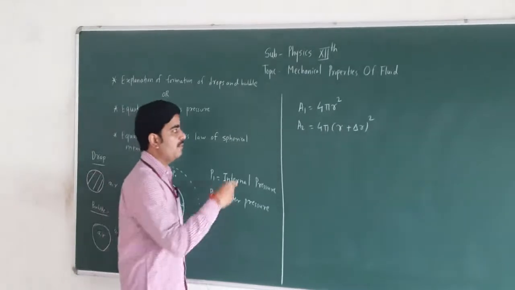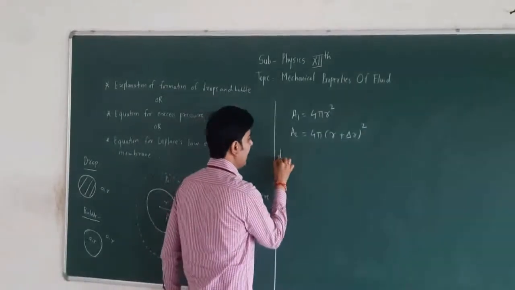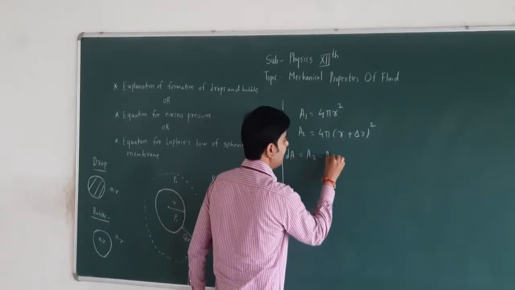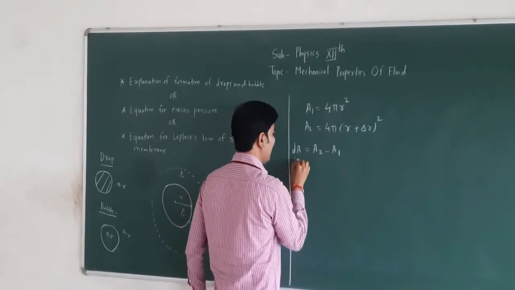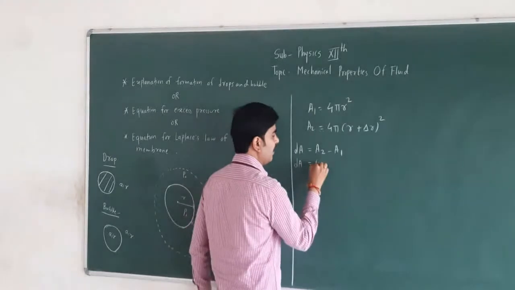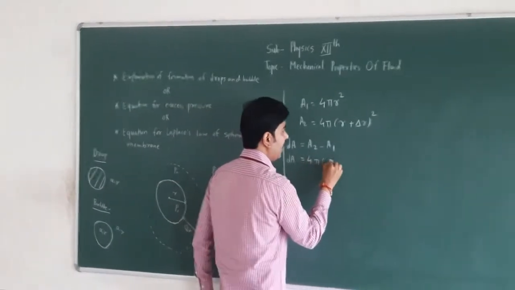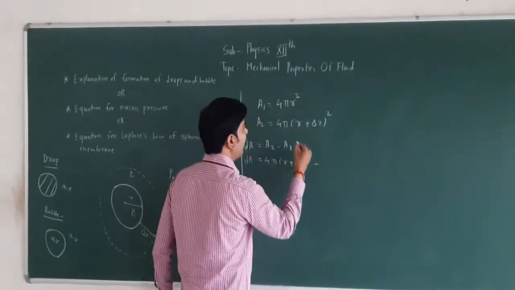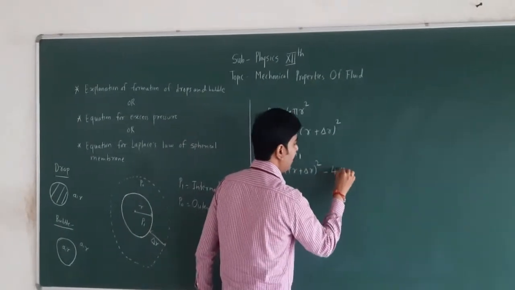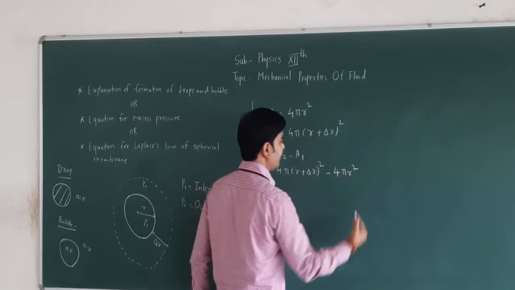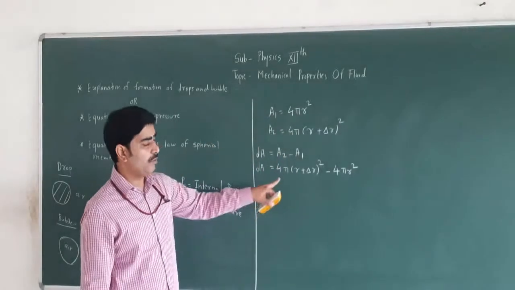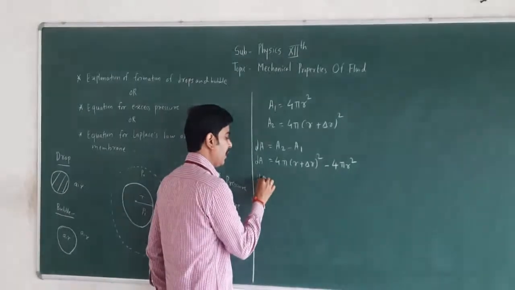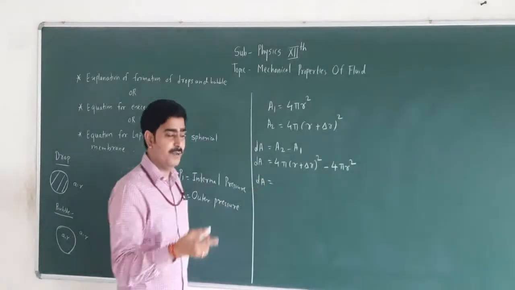Now we have to take the difference between these two. So dA, the change in area, is equal to A2 minus A1. What is the value of A2? dA is equal to 4 pi (R plus delta R) square minus 4 pi R square. Here we have to apply the formula of (a plus b) square, which is a square plus 2ab plus b square.